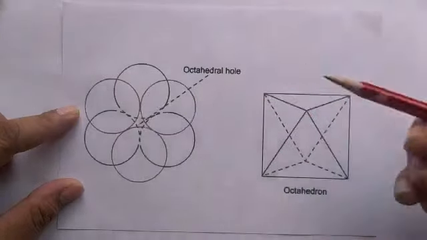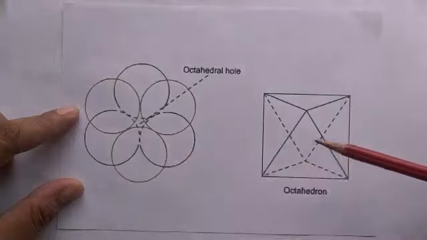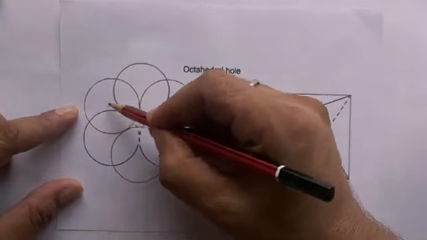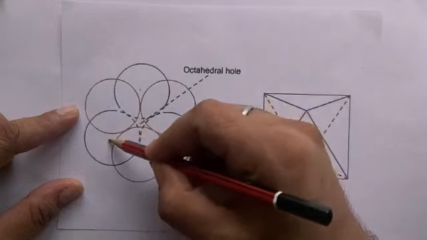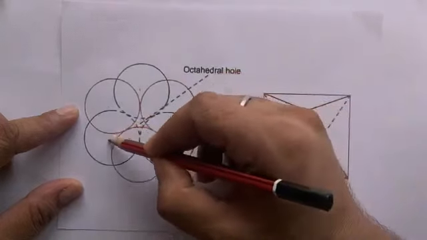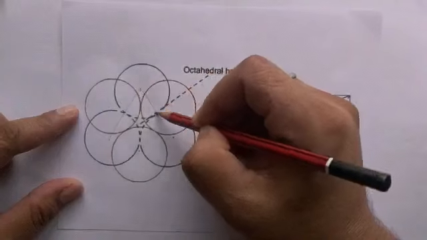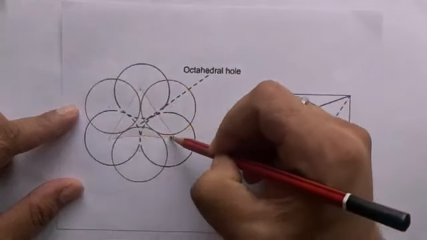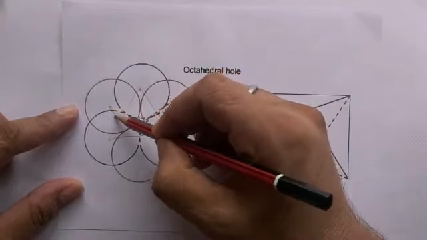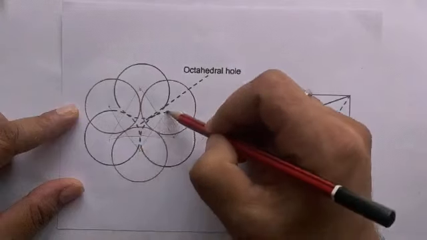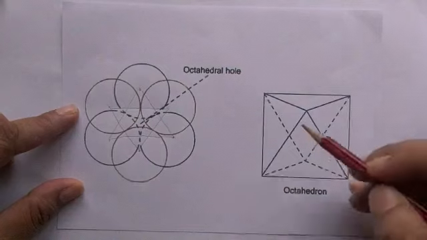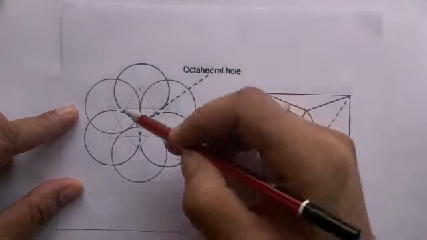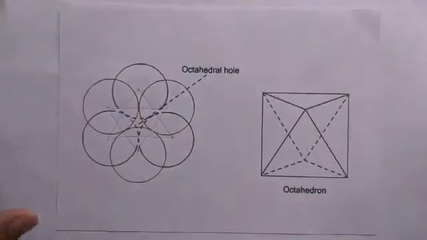So this structure forms, and in that case, if the centers of all these spheres are joined together, this is for the lower layer, and this is for the above layer having above arrangement, and this is what is formed by them, an octahedron.